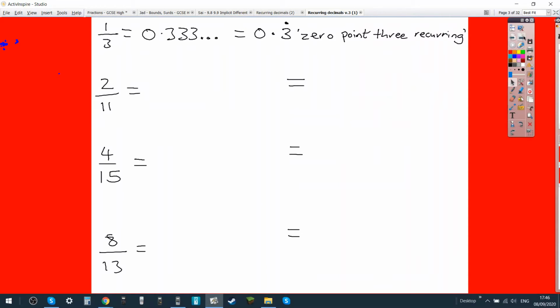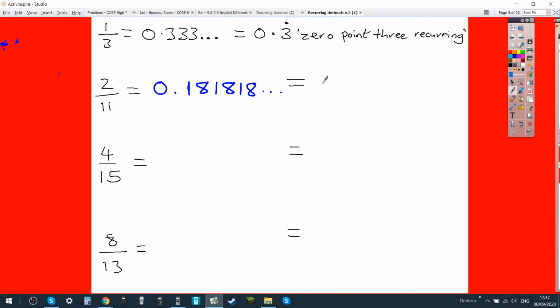Okay. 1/3 is this. So 0.3 recurring. Let's see, 2/11. Put it into your calculator, 2/11. What will that be as a decimal? 0.1818181818.